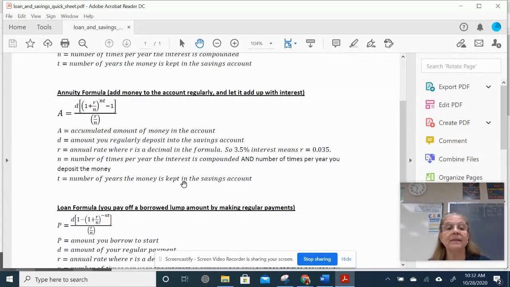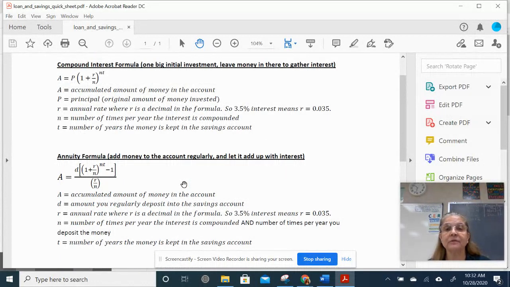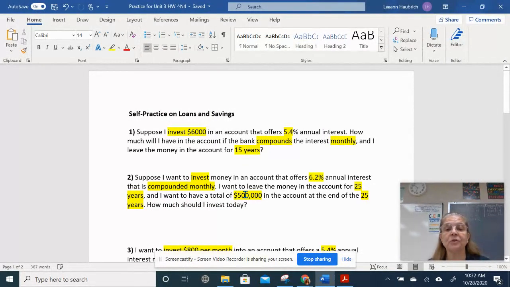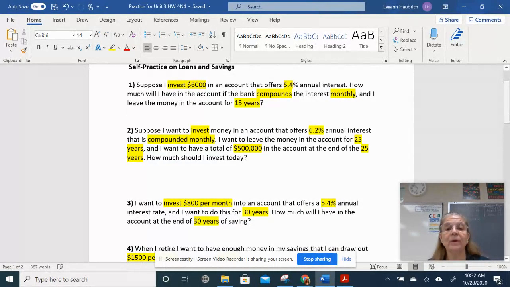I like to identify all of my variables first so that I know what formula I am using. So if I go to this practice worksheet, this practice worksheet is in Lumen for you. I've highlighted the key parts already to try to keep the video a little shorter. And down the side, I like to identify my variables.